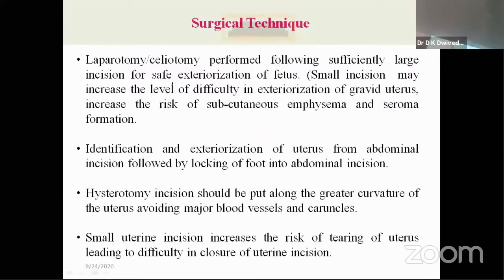And once tearing occurs, repair of the uterine incision becomes very difficult. Sometimes the tear of the uterus becomes so long that we are unable to close it. So such problems may arise. You have to put a sufficiently large uterine incision so that you can easily extract the fetus from the uterus.